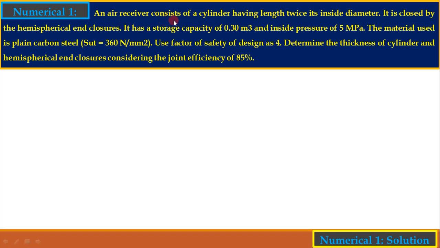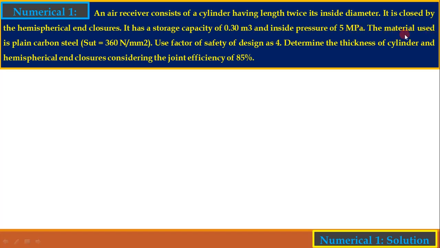An air receiver consists of a cylinder having length twice its inside diameter. It is closed by hemispherical enclosure. It has a storage capacity of 0.30 meter cube and inside pressure of 5 megapascal.